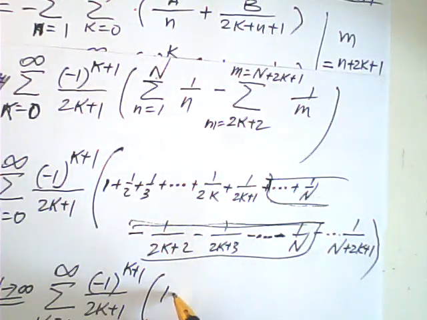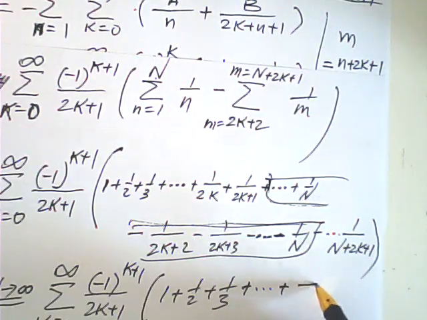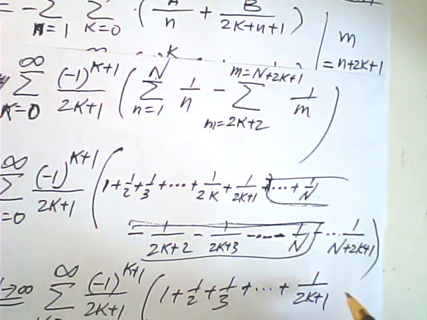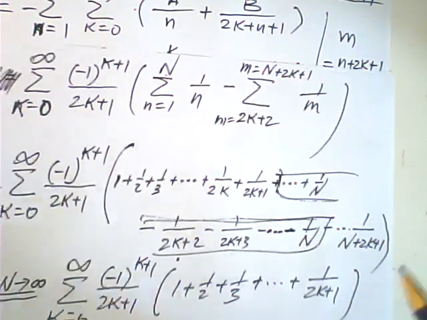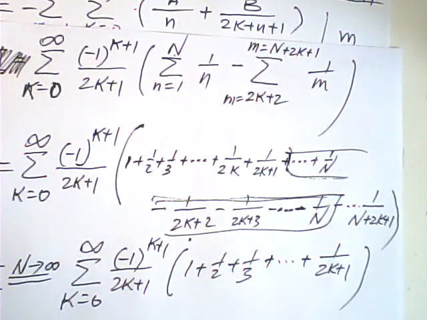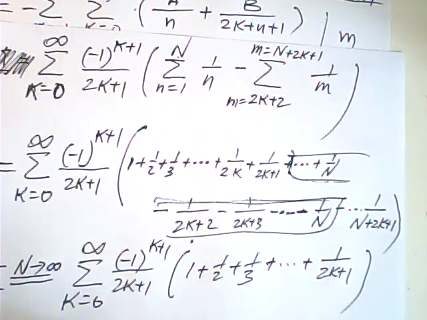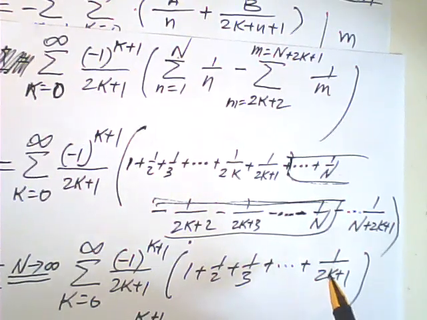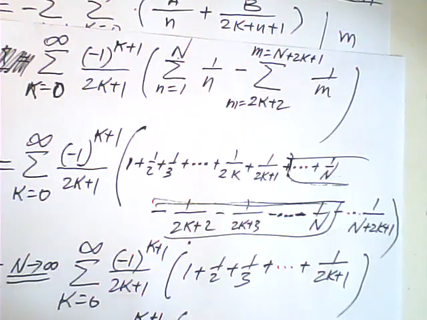This is left over: 1, 1/3, plus, until 2k plus 1. Right? Because the next term is this term, cancel out. So this one is equal to this one times H_2k.